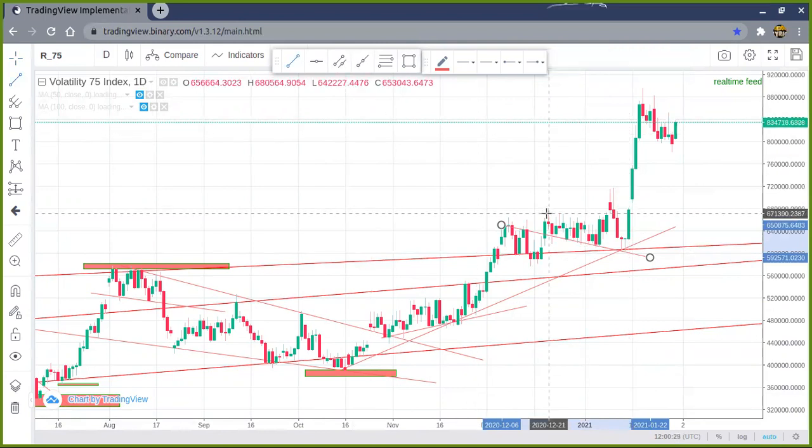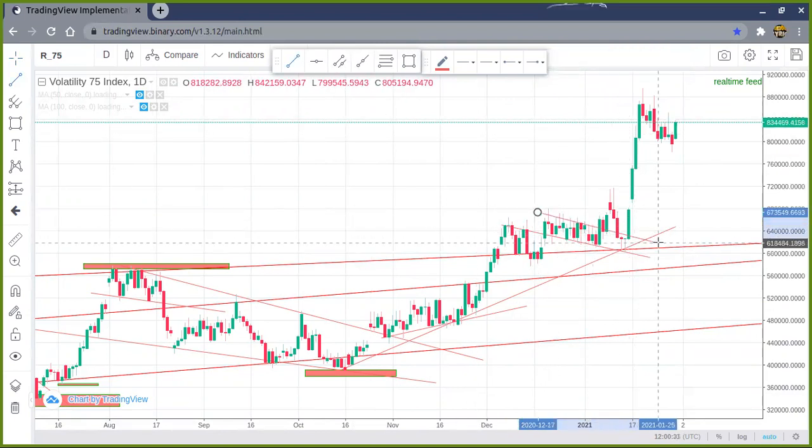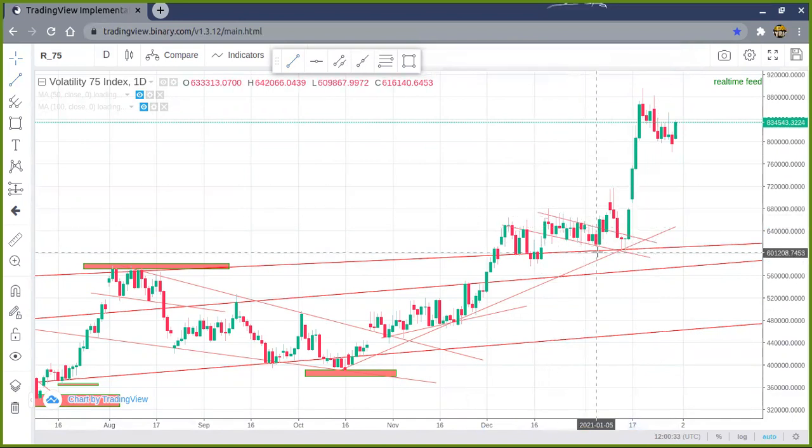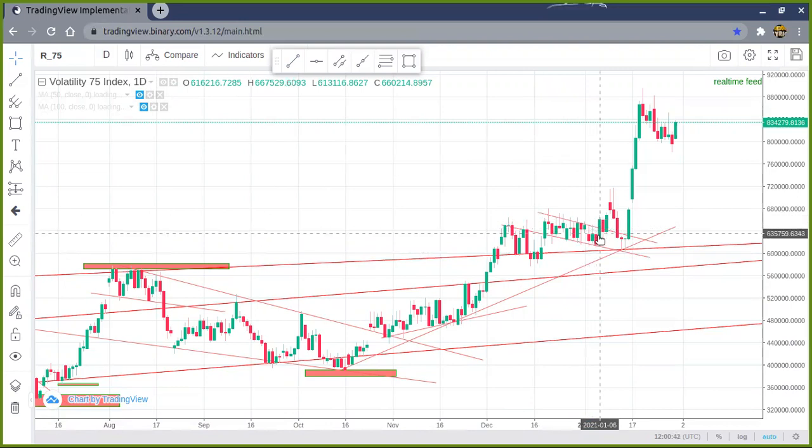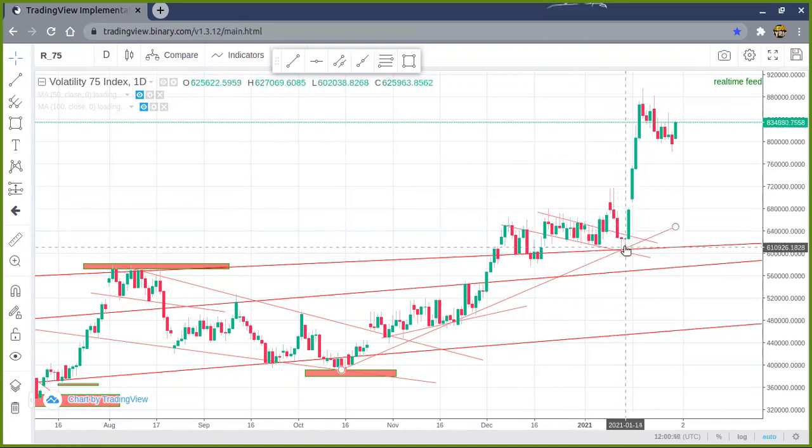Before that push up, there was another structure like this, another bullish flag. This is a bullish flag. So as it breaks into that flag and starts consolidating, we wait for a breakout, and there was a breakout here. So after the breakout here, there's a pullback to test the structure.